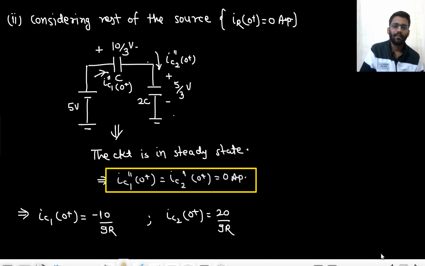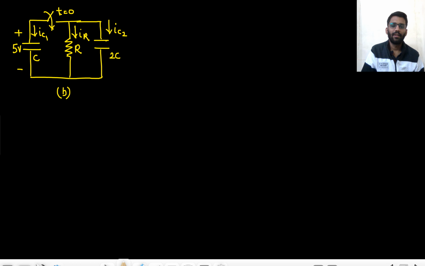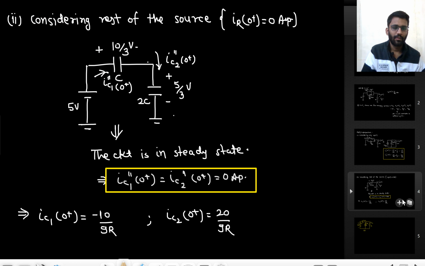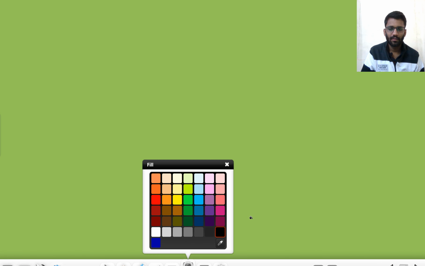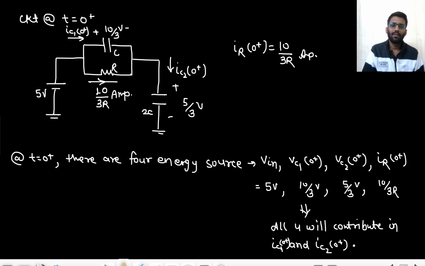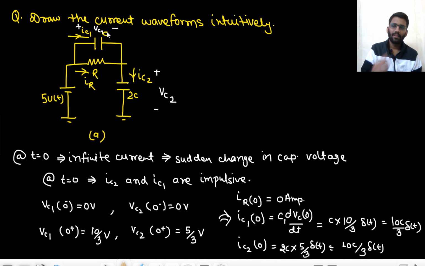And what will be the condition at infinity? Circuit at t equals infinity. At infinity, this will be open circuited, this will be open circuited. So IC1 and IC2 both will be 0.